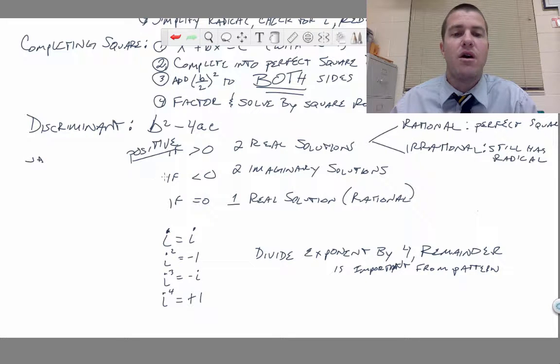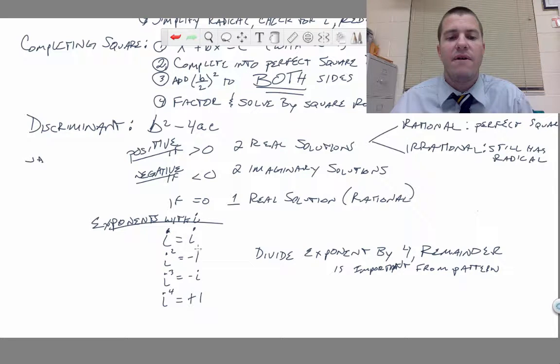If that number in the discriminant is less than 0, then there's 2 imaginary solutions because it's a negative that's going to be inside of the radical, so it becomes imaginary. And if the discriminant is equal to 0, then there's only 1 real solution, and that one is going to be rational.